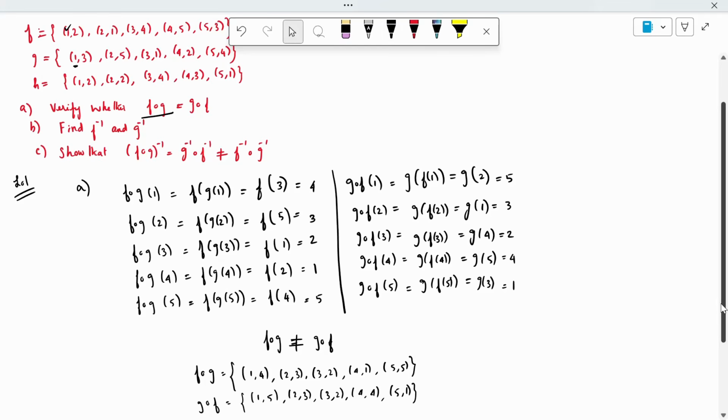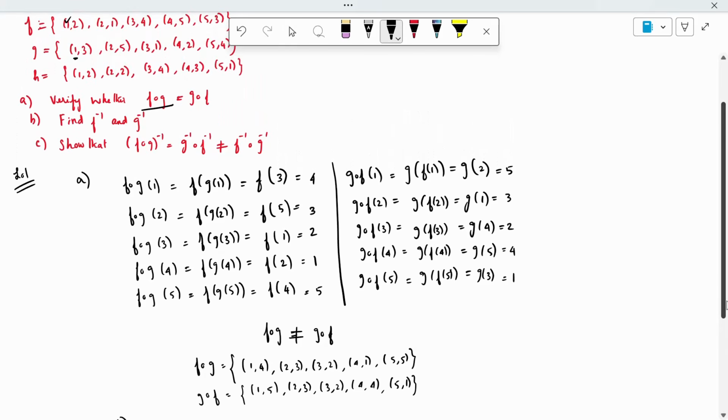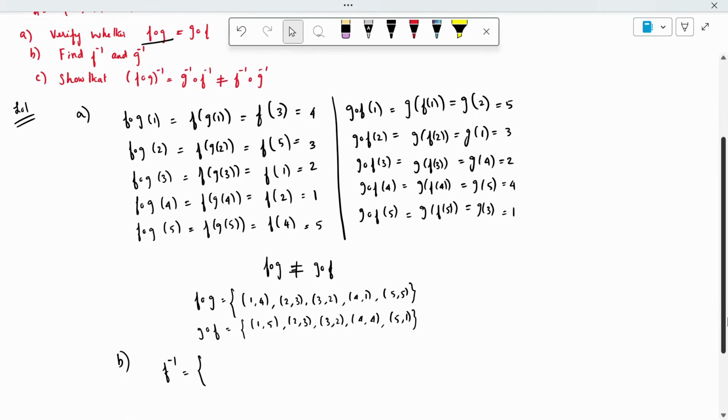Now the second subdivision: F inverse and G inverse. So what is F inverse and G inverse? F inverse is very easy. From the question, this is our F. Interchange, instead of (a, b) write (b, a): (2,1), (1,2), (4,3). That is called F inverse. Same way G inverse, so it is easy to write.